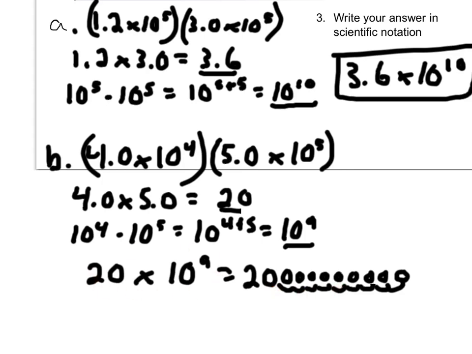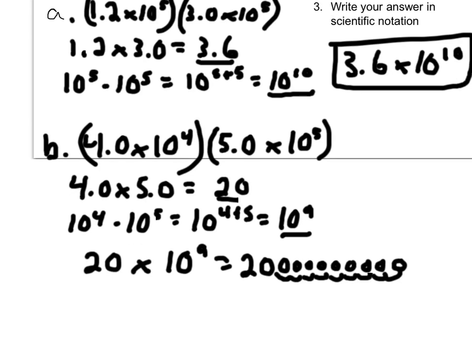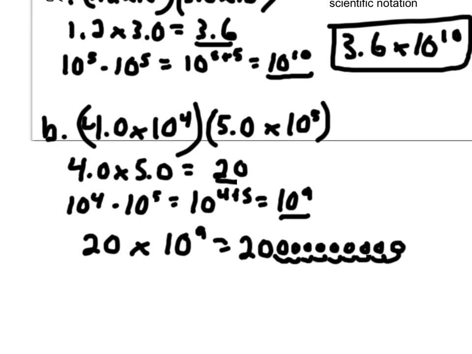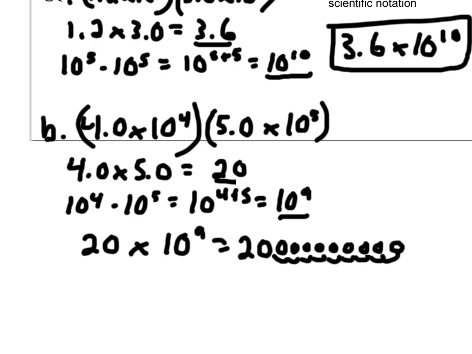So now I need to write that in scientific notation. So I am going to write this number right here in scientific notation. It's going to be 2.0, or just 2, times 10, and if I put the decimal right here between the 2 and the 0, there are 1, 2, 3, 4, 5, 6, 7, 8, 9, 10 digits after the decimal.